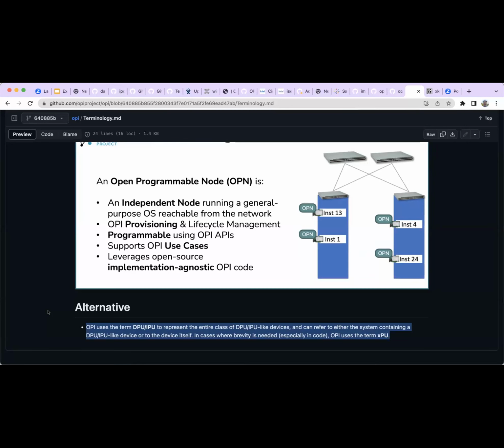And I can imagine scenarios where you might have a system that's entirely based on what may be marketed as a CPU, but can use the OPI APIs and be DPU or IPU like. And I could imagine GPU maybe someday doing that.